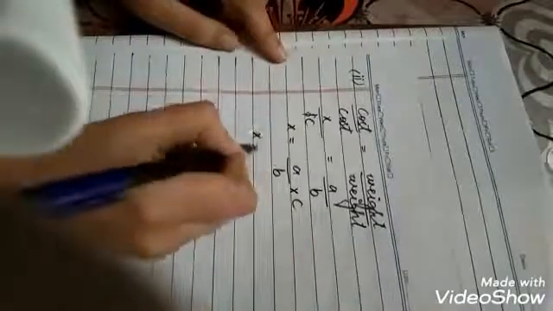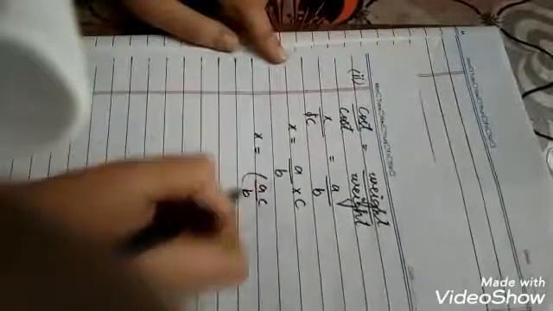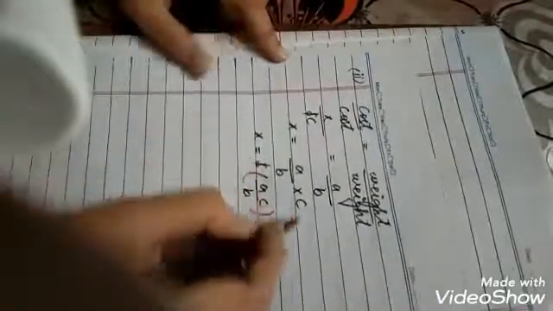X we have to make separate on one side. This remains the same. This will be multiplied on the other side. X is equal to A by B C dollar.